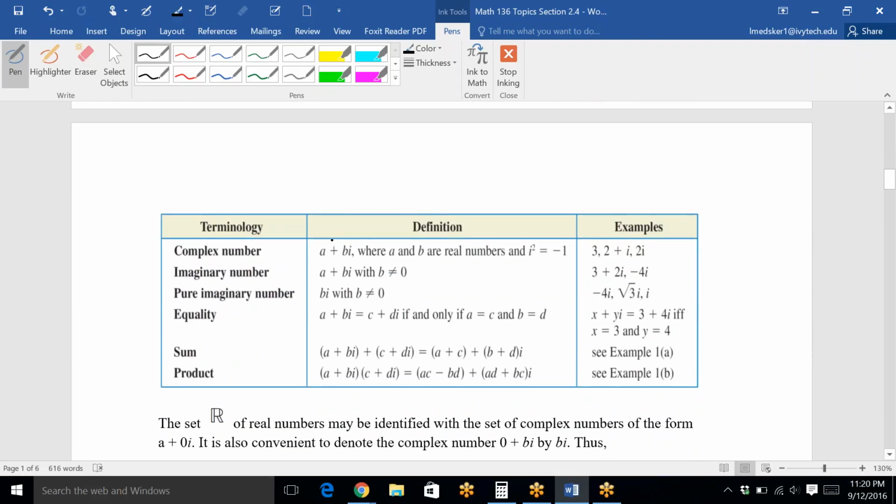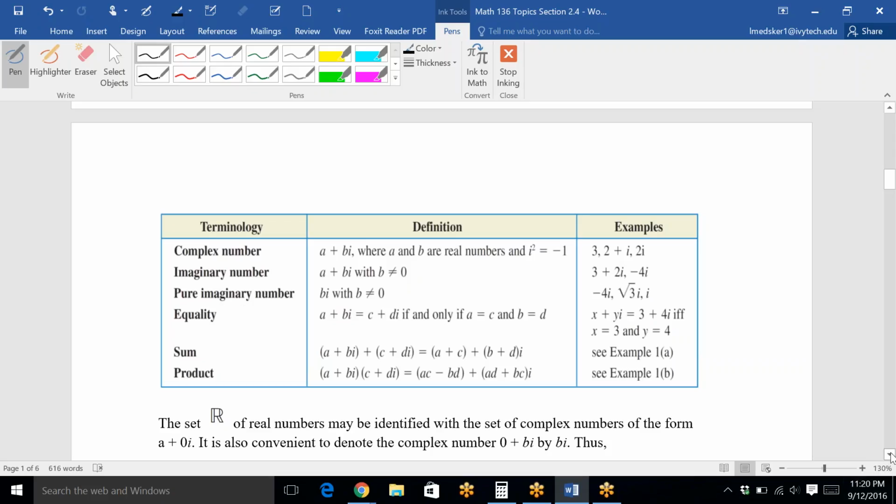So it could be just a, it could be just bi, it could be a combination of both. So notice 3 is just a real number, 2 plus i is a combination, and 2i is something we call a pure imaginary. Imaginary numbers have to have the i in them, otherwise they're not imaginary. Pure imaginary means it has the i and the number, it doesn't have the other piece. So it can't have that combination of a real and an imaginary to be a pure imaginary.